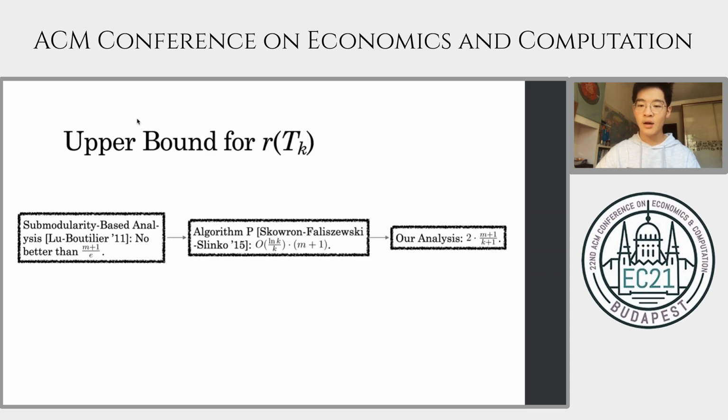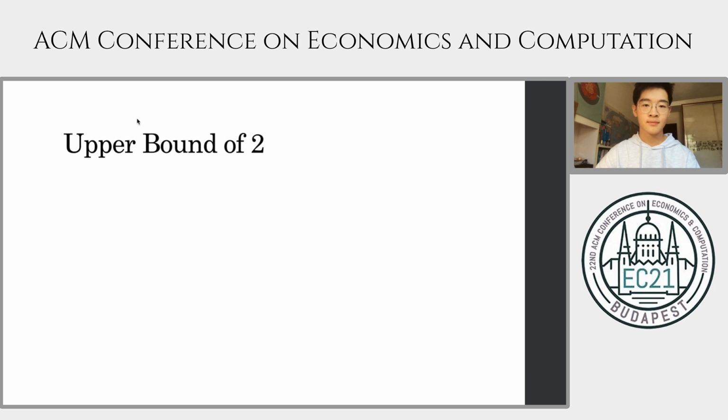And in our work, we will improve upon all the previous analysis and show that the greedy algorithm actually achieves an upper bound of 2 times (n+1)/(k+1), together with an almost matching lower bound. In other words, we will show that the committee produced by the greedy algorithm in k iterations has an s-Borda score of at most 2(n+1)/(k+1).